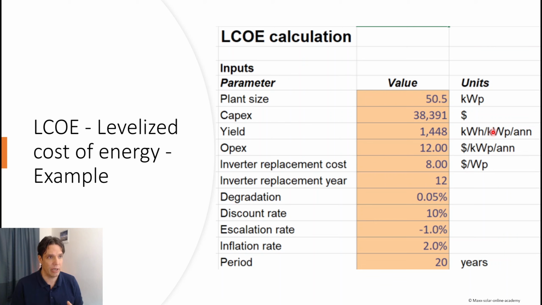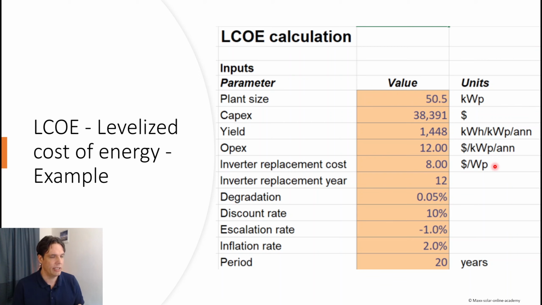So how many kilowatt hours per kilowatt peak installed per annum. Then your OPEX or operating expenses, what percentage or what amount of maintenance do you want to perform per year or expect to perform per year for the system or make provision for. Then typically your inverters will need replacement.